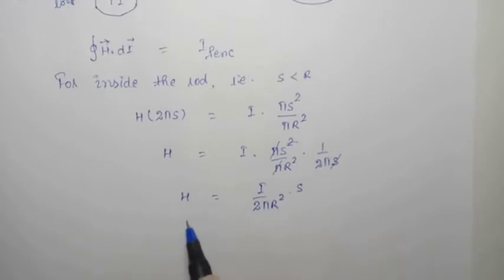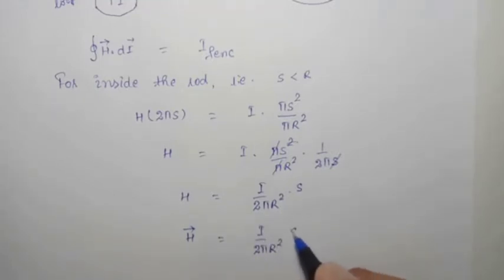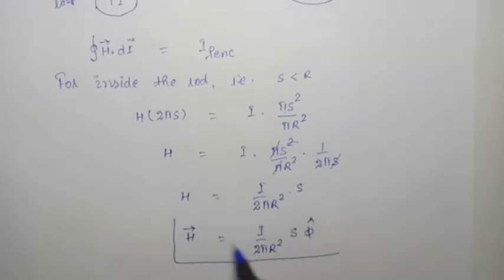Because H, the auxiliary field, is a vector quantity, we can write H vector equals I over 2 pi R square s, and here we have phi cap. So this is the auxiliary field inside the rod.